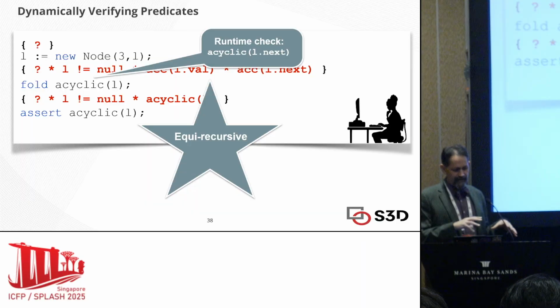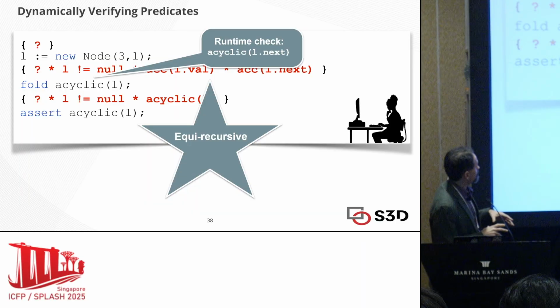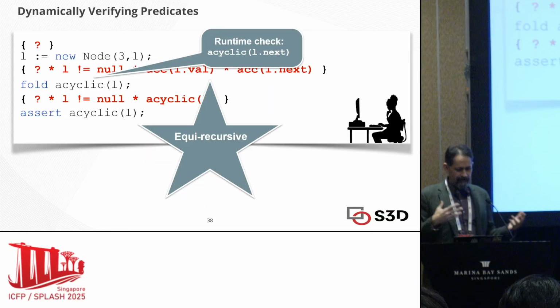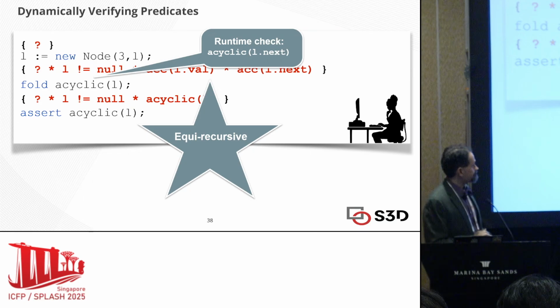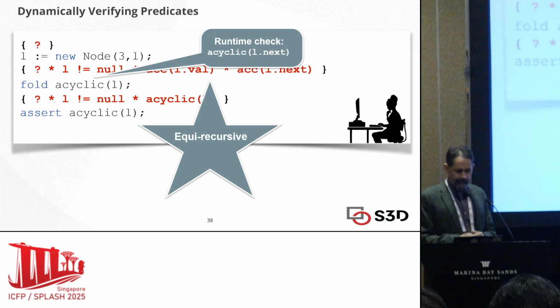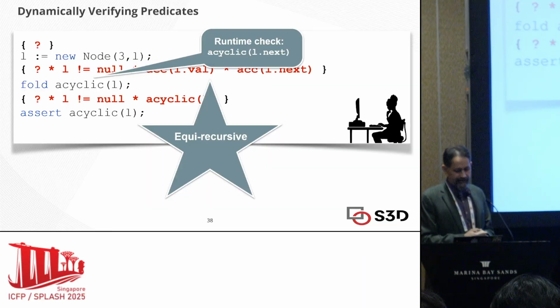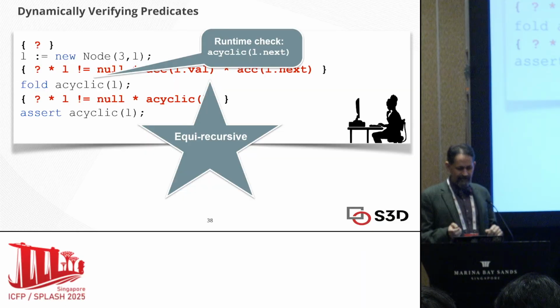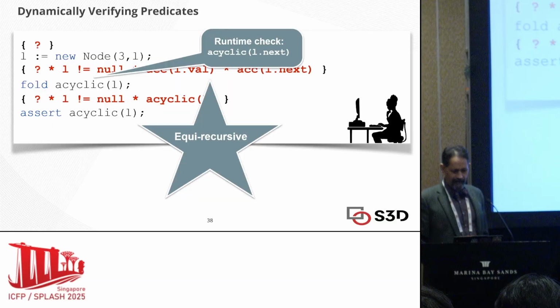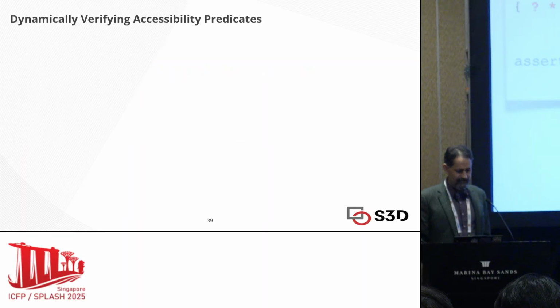We basically treat the predicate as equivalent to its unfolding, whereas what we have in the static world is iso-recursive, where you have to explicitly fold and unfold to look at the inside of the predicate and then look at the outside of the predicate. And so some of the interesting theory in this system was actually getting those to match up, making sure they did match up in our system.